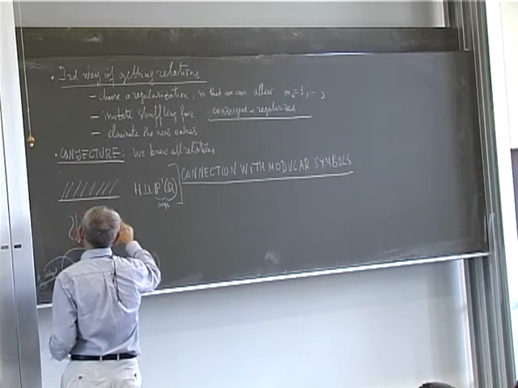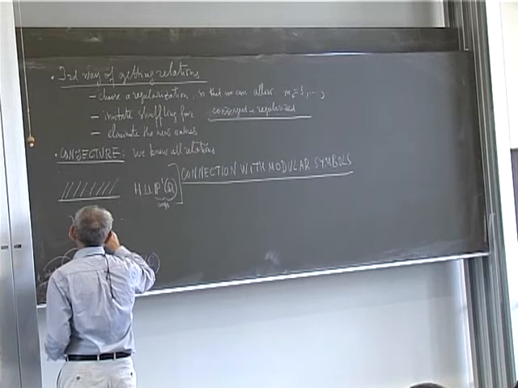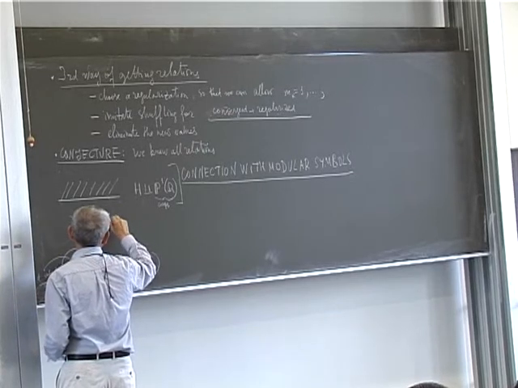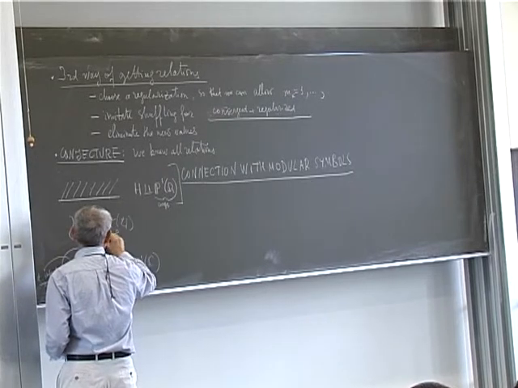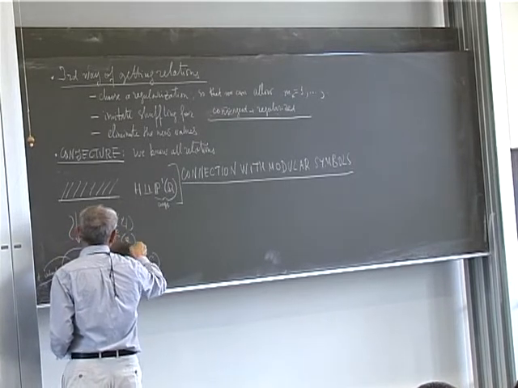And what kind of mapping is it? Well, we take the quotient by one of two congruence groups. It can be Gamma_0(4) or Gamma(2).